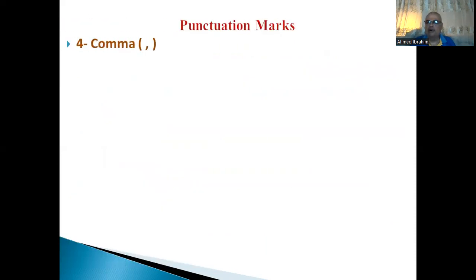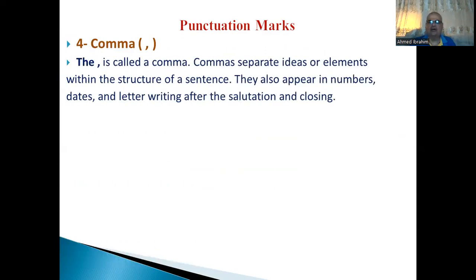Number 4, comma. Okay, the symbol is called a comma. Commas separate ideas or elements within the structure of a sentence.